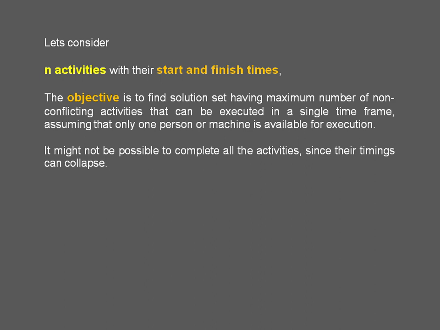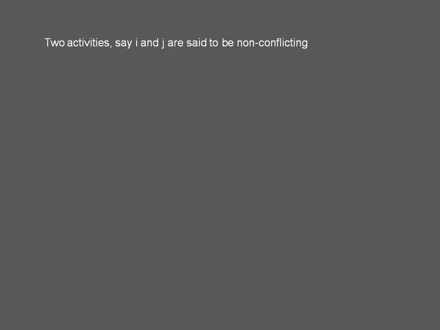Here two activities are there, I and J. These two activities are said to be non-conflicting if and only if they satisfy this condition: Si is greater than or equal to Fj, or Sj is greater than or equal to Fi, where I and J are the two non-conflicting activities.